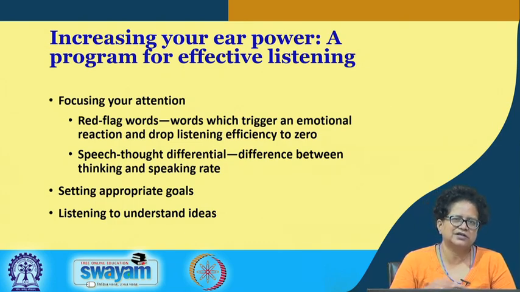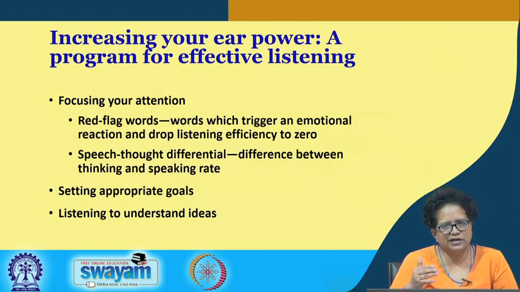Let us say, it is an example, and you can critically analyze these heard words at the rate of, let us say, 100 words per minute. So, this difference of 400 words is the difference between thinking and speaking rate. So, the thinking rate will always be higher, and this difference creates problems in communication.